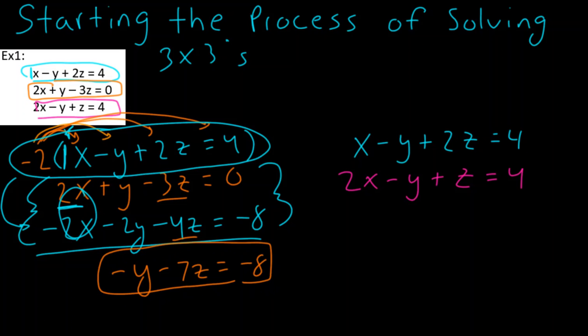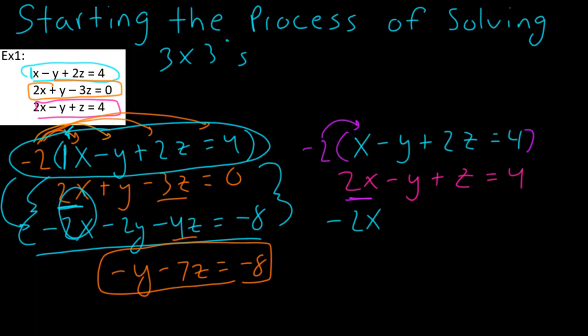Okay, let's take a look over here at our second set of equations. Well, here we also want to cancel out a positive 2x. So we are going to multiply everything by negative 2. Okay, so let's see, negative 2 times x will give me negative 2x.